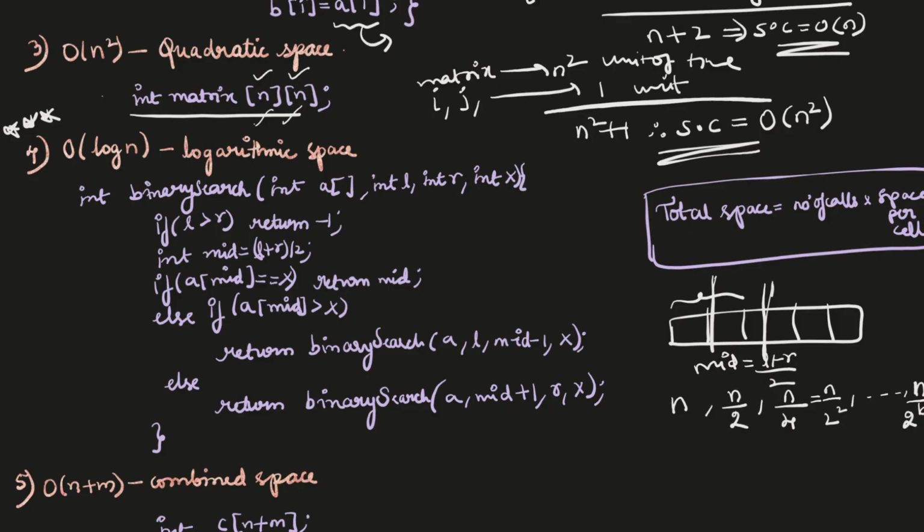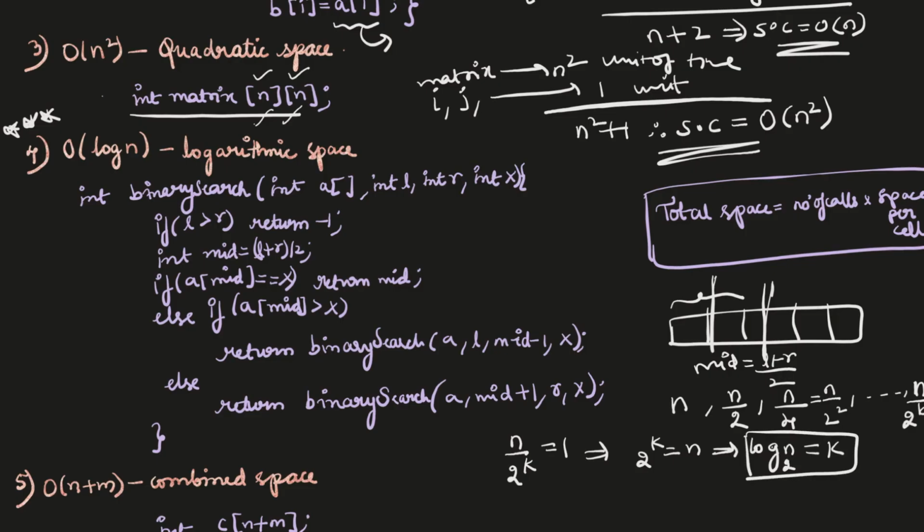So we need to equate this n upon 2 power k to 1, because we don't know exactly at which place it would be 1. So for that, 2 power k is equal to n. Taking logarithm on both sides, it would be logarithm of n base 2 is equal to k.